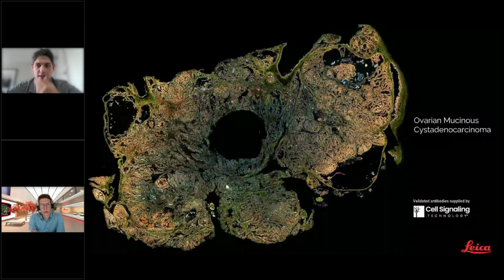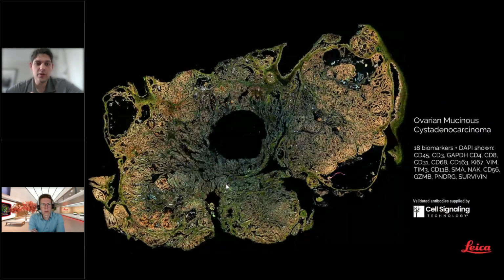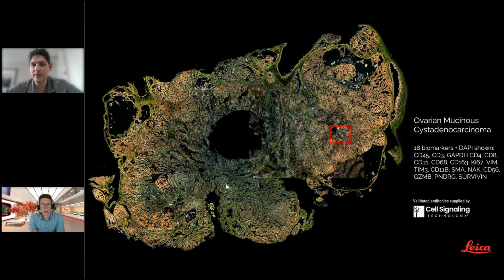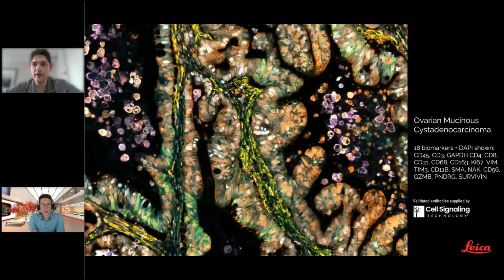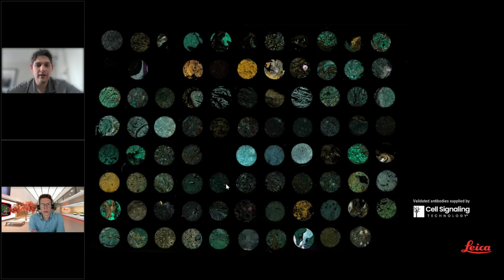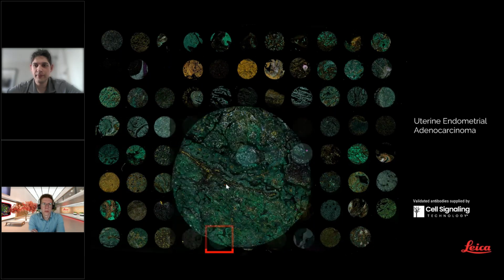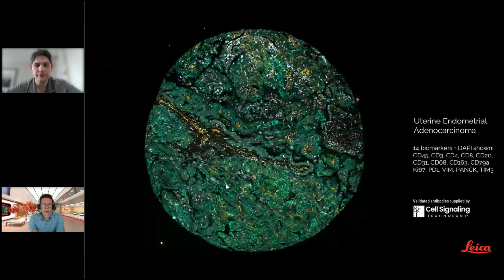I'll just show you some images that you can produce using this system. These are using validated antibodies produced by Cell Signaling Technology. So we're showing 18 biomarkers here in an ovarian mucinous cystadenocarcinoma. This is a tissue microarray. We can zoom in on individual pieces of tissue here. We're looking at 14 biomarkers.